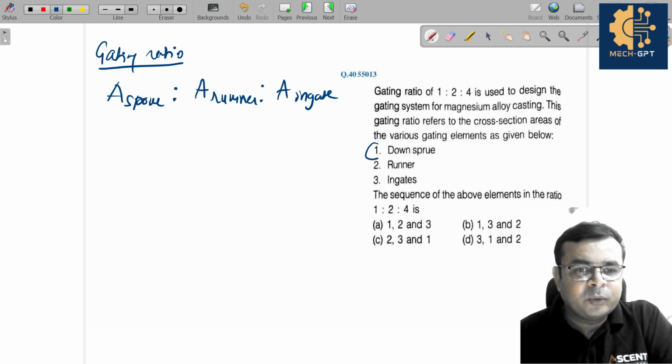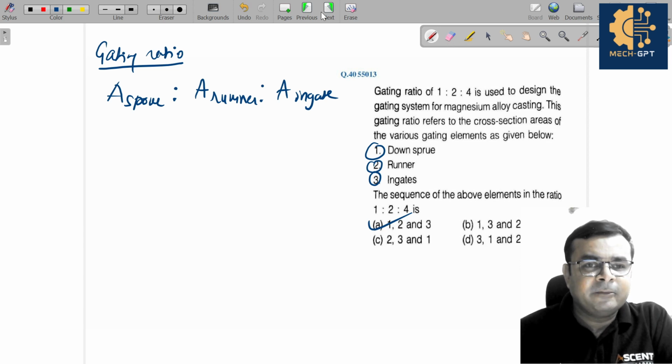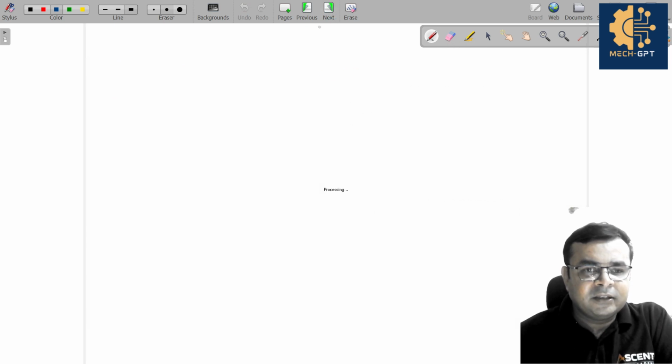This is called the gating ratio. So you can say down sprue is 1, runner is 2, ingate is 4. So 1 is to 2 is to 4. So option A is the right answer.